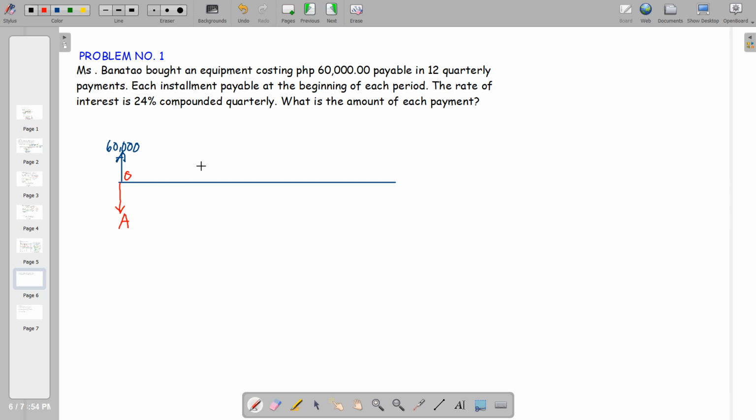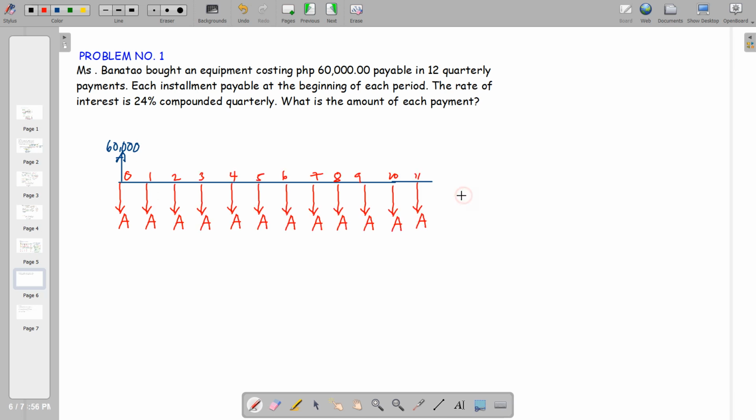So we note that at the present time, at year 0, there will already be a payment because the payment occurs at the beginning of the period. Hence, the remaining annuity shall occur on the 11th period, although that is quarterly, 11th period. Why? Because one payment is already counted at the beginning of the period.